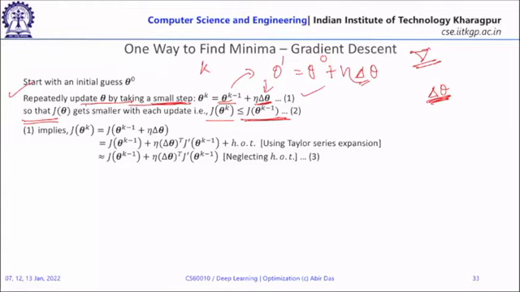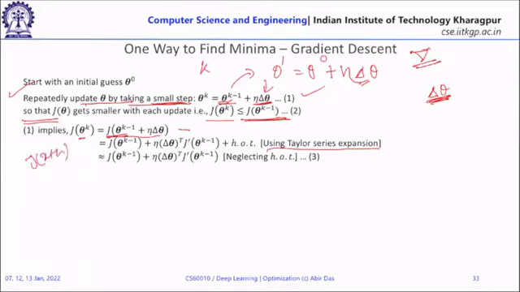Let us see. This line basically puts theta k as theta k minus 1 plus eta delta theta. It just gives the theta k value, nothing else. Now using Taylor series expansion, which I have explained for multiple variables, you can think that it is like J of x plus h.